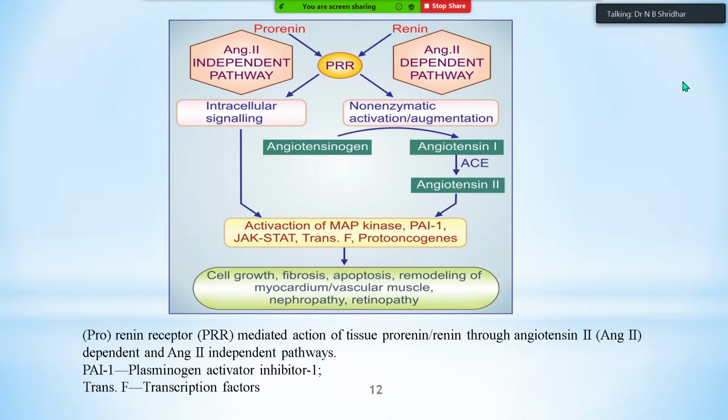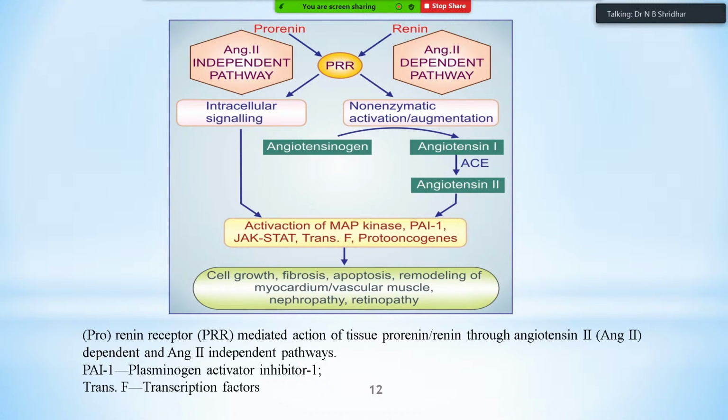In the non-enzymatic, independent pathway, intracellular signaling will increase MAP kinase, PAI1 and Janus kinase. All these enzymes are activated.